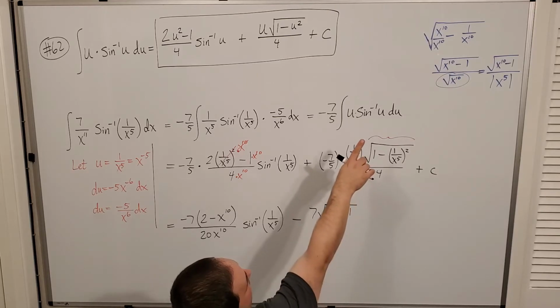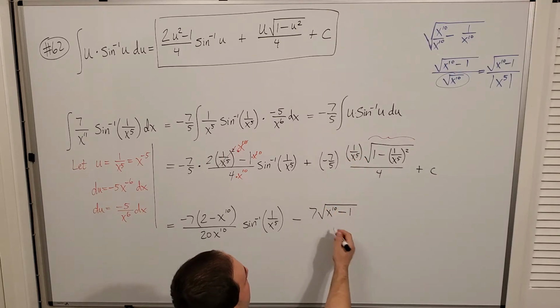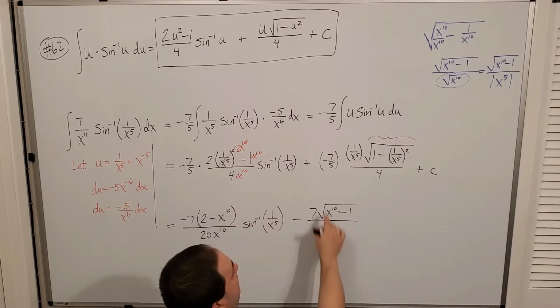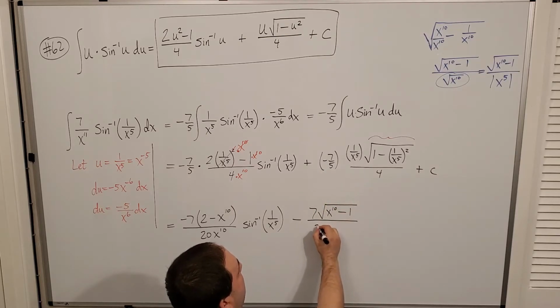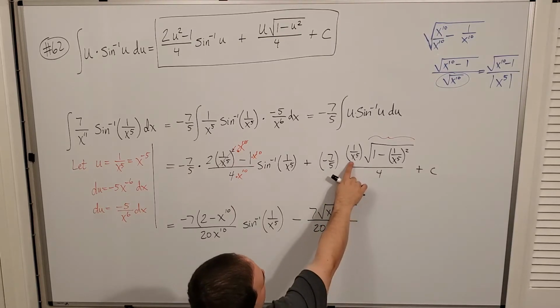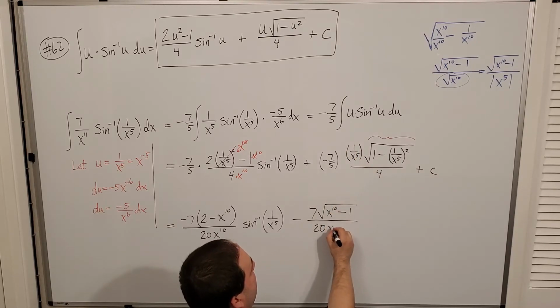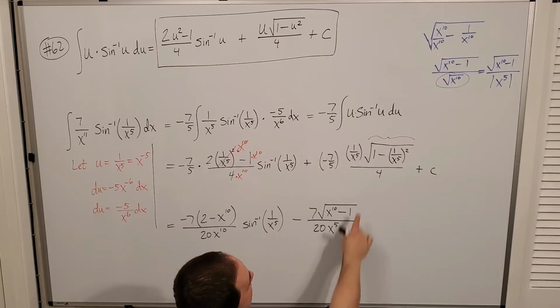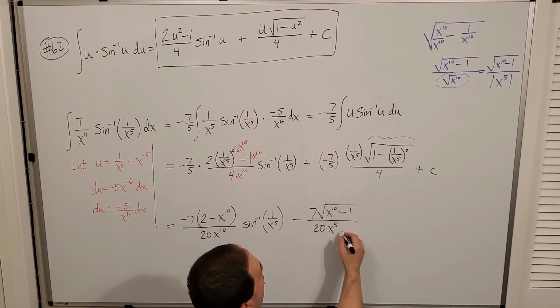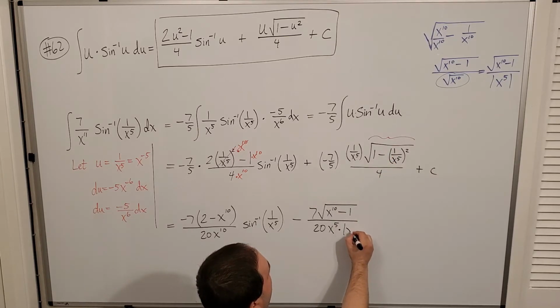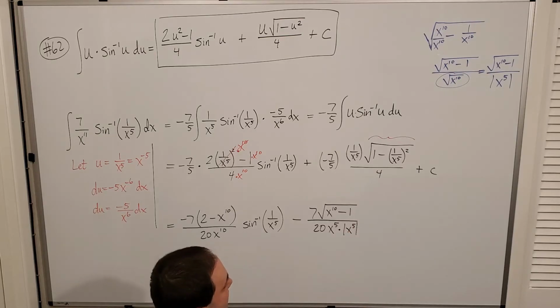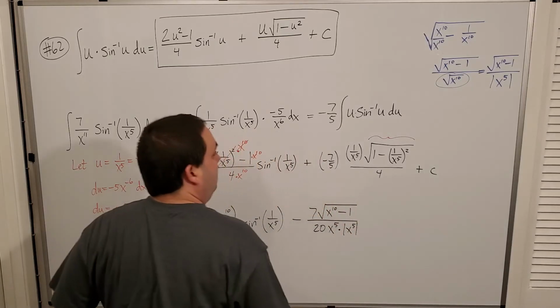That's from that radical being simplified there, over the 5 times the 4 here, which is going to give me a 20. This x to the 5th, this is 1 over, the x to the 5th can come to the denominator. And from the radical, also times the absolute value of x to the 5th. Okay? Now, plus c.